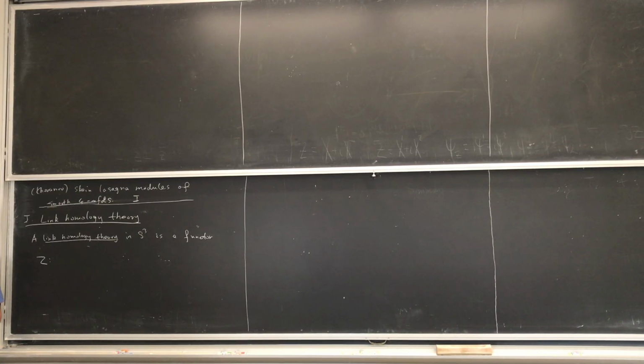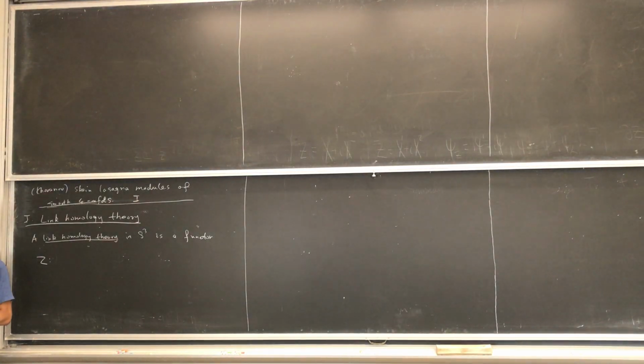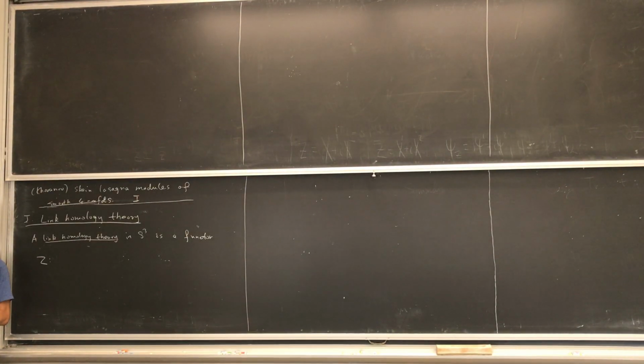And if I don't have knots, I get an invariant of three-manifolds. Am I going to get here an invariant that is also an invariant of simply four-manifolds? Or am I more like getting an invariant of knots in three-manifolds that actually doesn't know about a three-manifold without a knot? In other words, if I forget about knots, I get just a trivial invariant.